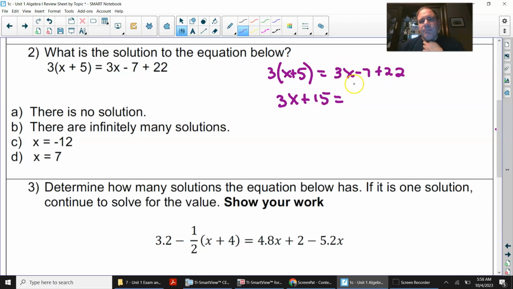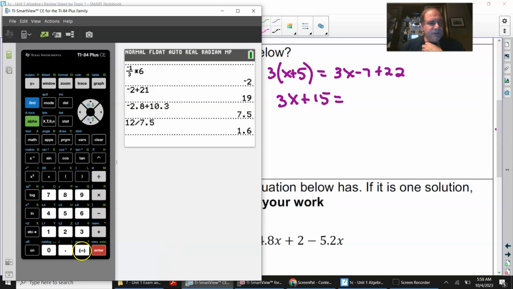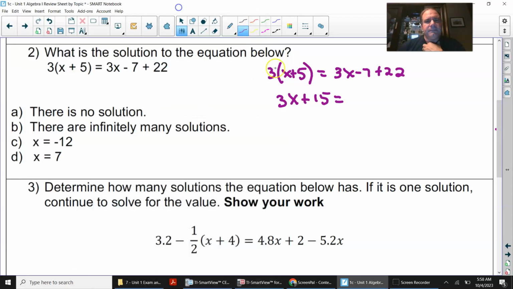And then I'm just going to combine like terms. Negative 7 plus 22. I just want to check that. It is 15. So we have 3x, bring the 3x down, and then the plus 15. This is the same on both sides, same expression.